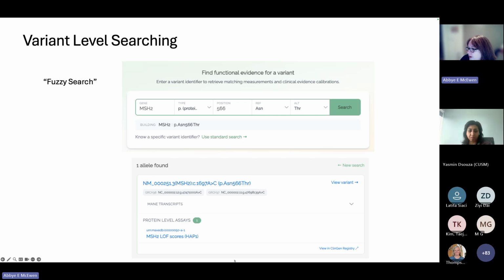If we click on the variant, we can go to what I'm going to call a variant page. A variant page gives you a lot of information. I'm going to start with a high-level tour that goes over the entire architecture, and then I'm going to go into the important parts in detail in a minute.